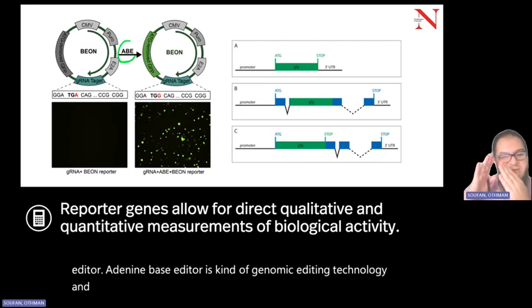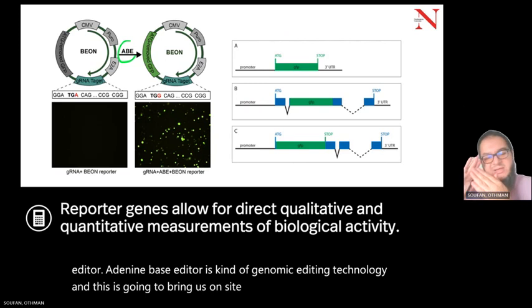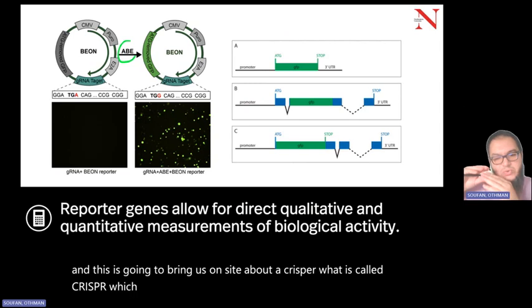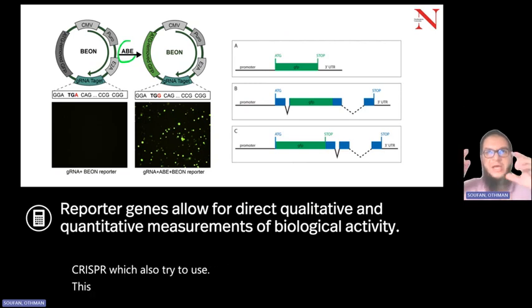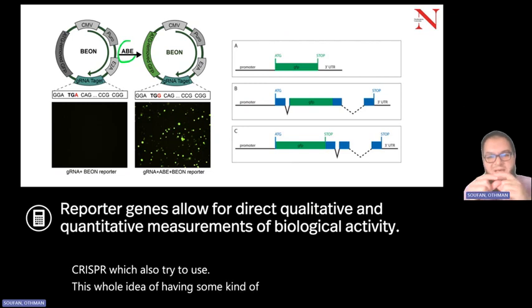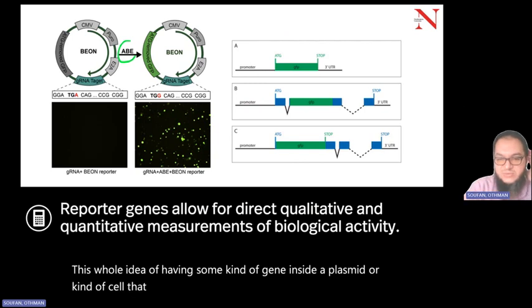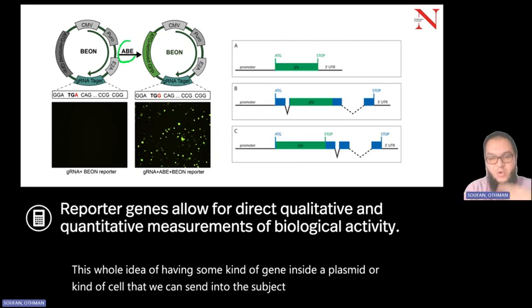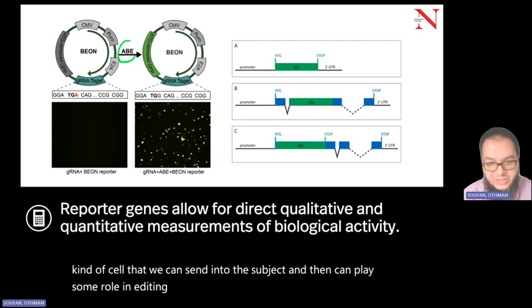This brings us insights about CRISPR, which also uses the idea of having some kind of gene inside a plasmid or cell that we can send into the subject, which can then play some role in editing certain areas of the gene.